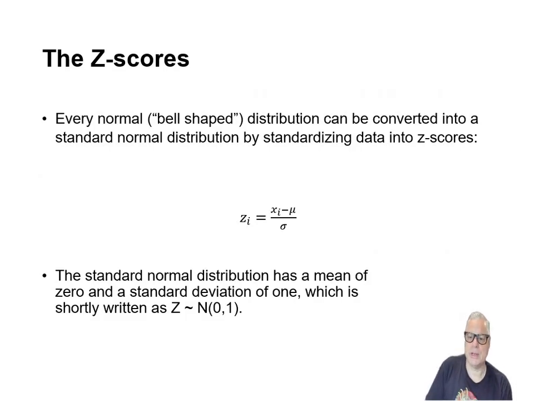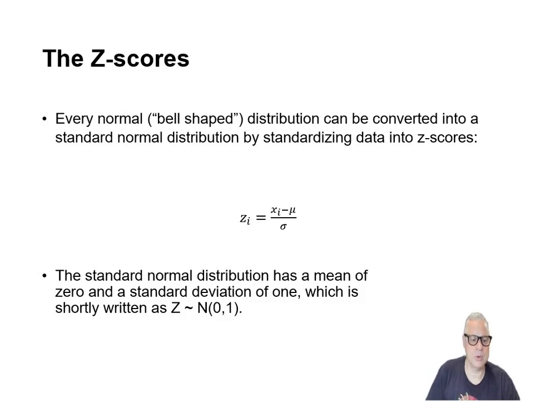So the point is that if we subtract from every observation in our distribution the mean, and we divide by the standard deviation, then we can convert a normal distribution, like something with a mean of 100 and a standard deviation of 30, into a standard normal distribution with a mean of 0 and a standard deviation of 1.